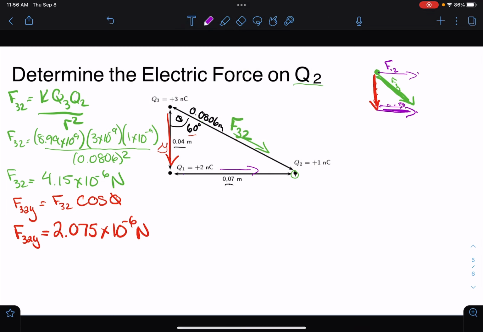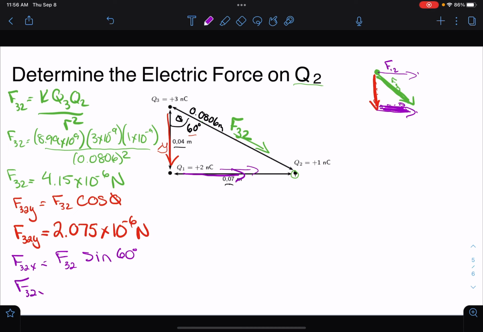And then I'm going to do the same to find this horizontal component here. In this case, I'm going to use the sine. So my 3 on 2 in the x direction is going to be the total 3 on 2 force times the sine of 60 degrees.